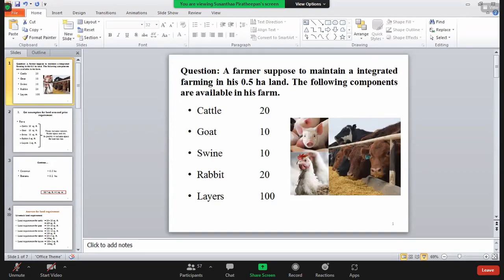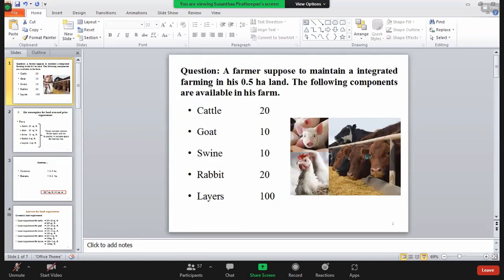So for a cattle, you need 20 square feet, goat 20 square feet, swine again 10 square feet, rabbit 5 square feet, and layers 2 square feet. So all these areas included the water, feeder space, and all the other necessary equipment and materials needed for those livestock.